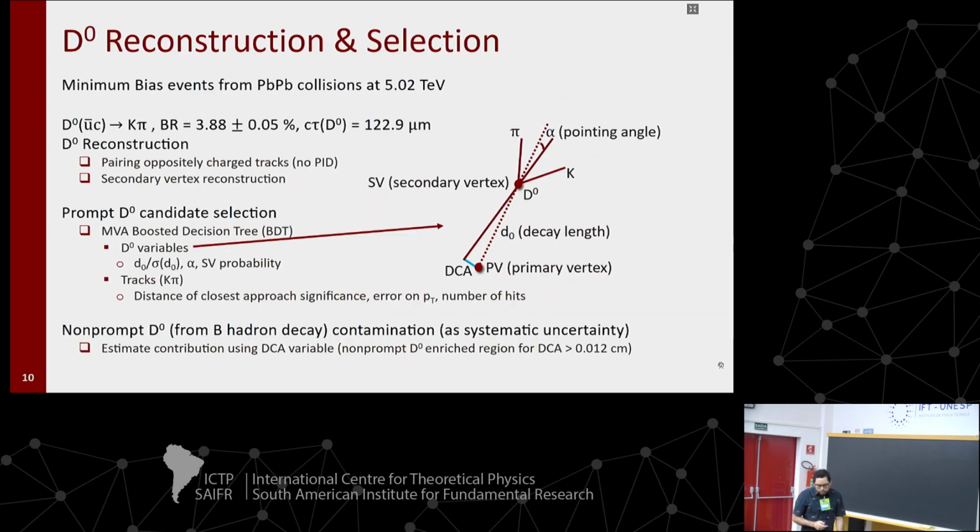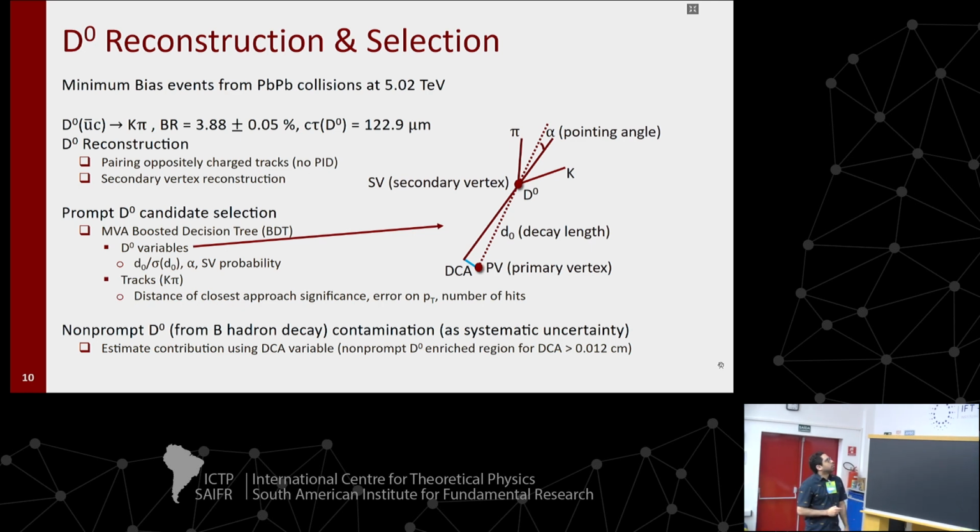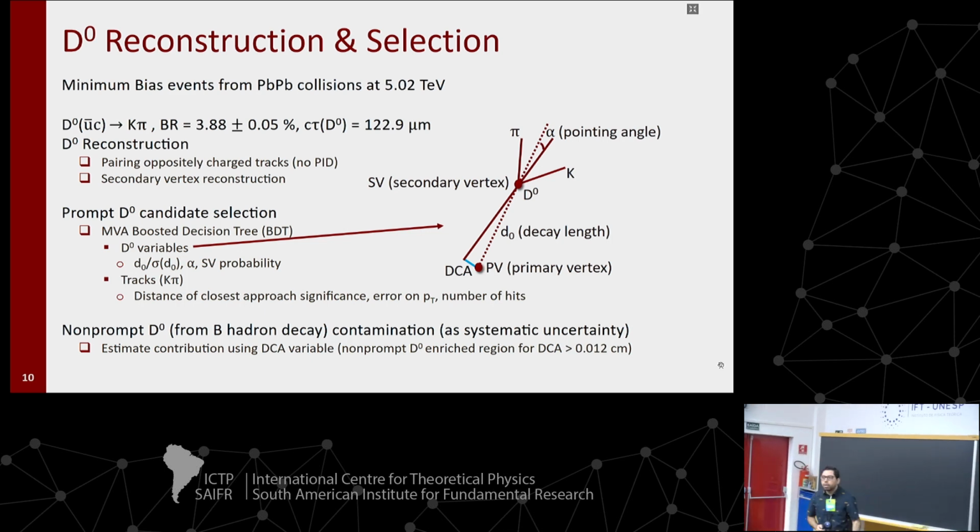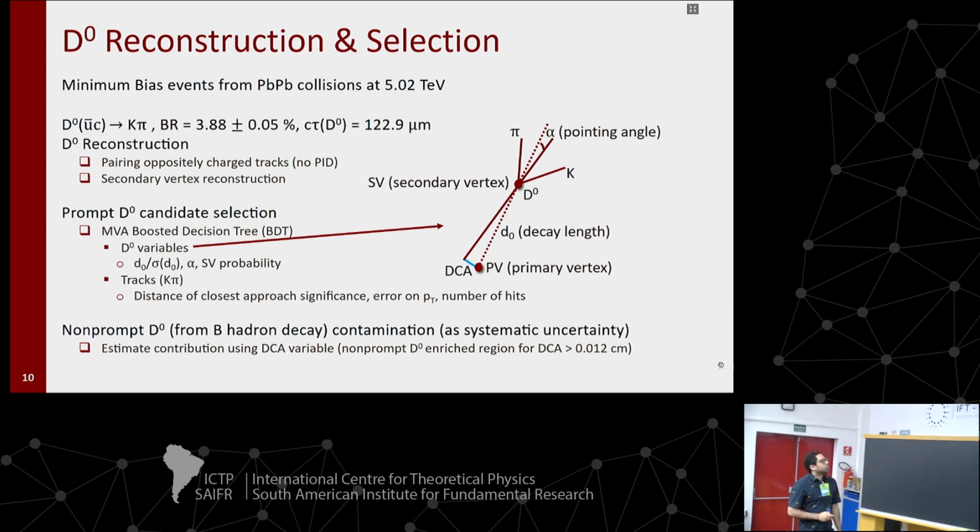Okay? So the D0 is reconstructed in the kaon and pion channel. It has a very small branching ratio, but in CMS it is the best channel to identify the D0. It decays very quickly, before entering any layers of the detector, but we can reconstruct the secondary vertex of the decay. CMS doesn't have what we call PID. We cannot identify kaons and pions, but we have all the charged particles.